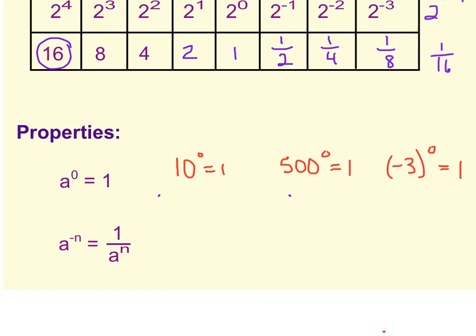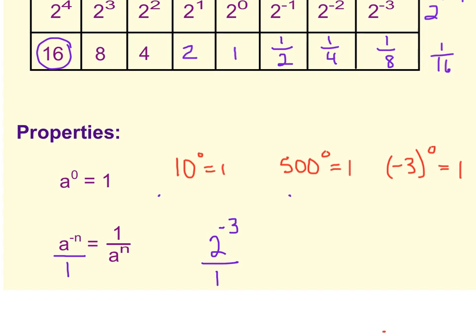The second property we have is a negative exponent. Whatever your base is, your base of a, if you raise it to a negative exponent, you end up with a fraction. You do 1 over a to the positive n power. The way I think about it is if you need to make an exponent positive, maybe I'll write over here, let's say we have 2 to the negative 3 power.